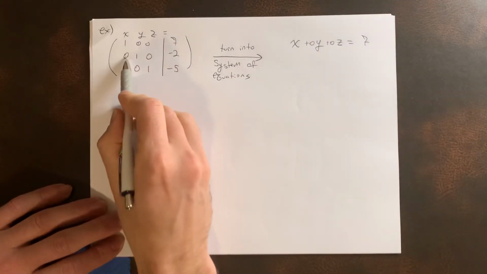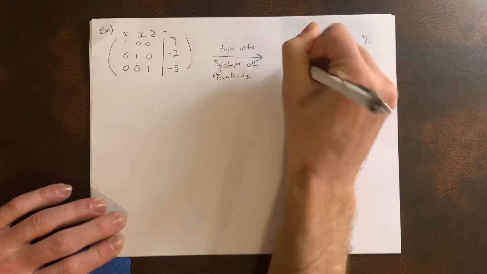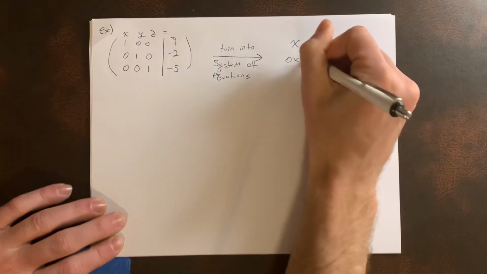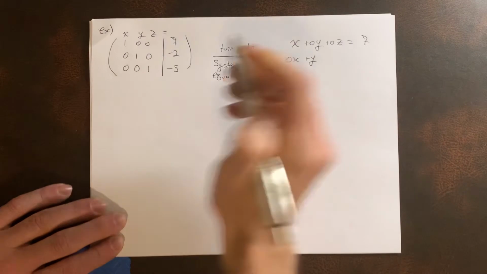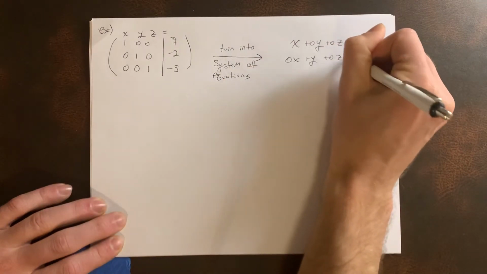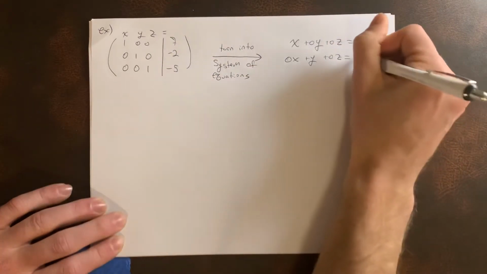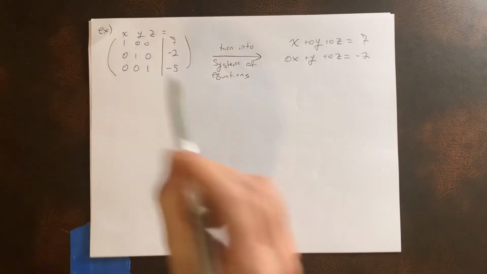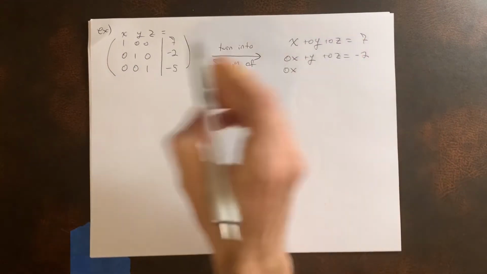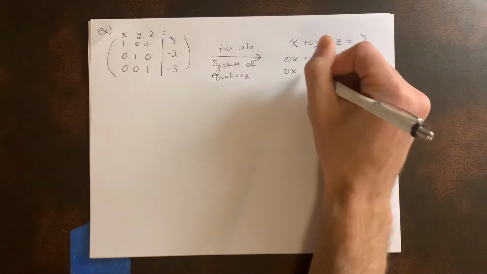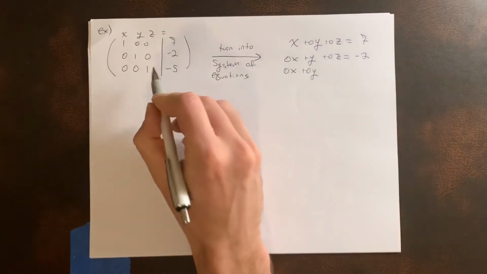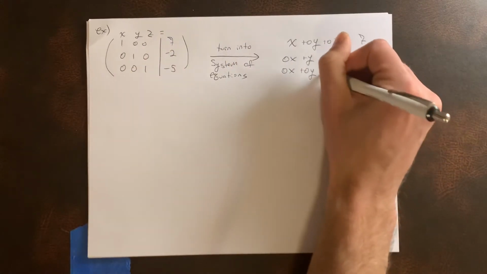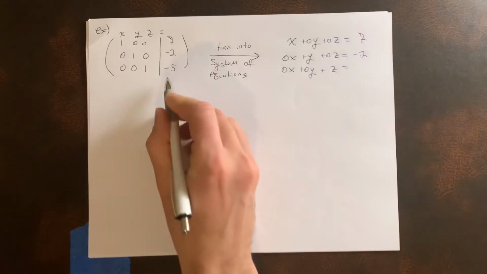The second one, we have a 0 in front of our x, a 1 in front of the y, a 0 in front of the z, and that's equal to -2. And in the third one, we're going to have a 0 in front of the x, a 0 in front of our y, and a 1 in front of our z. And then that's going to equal -5.